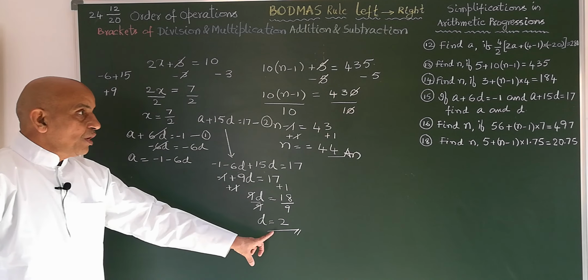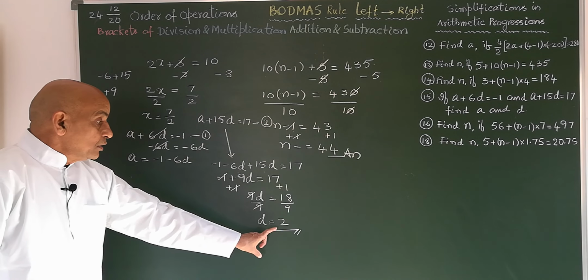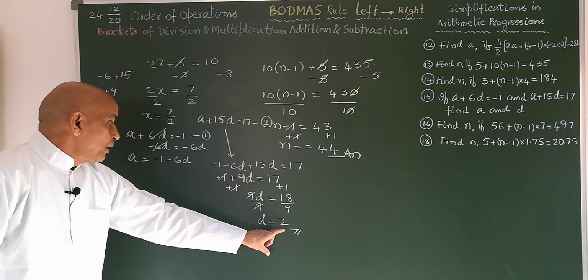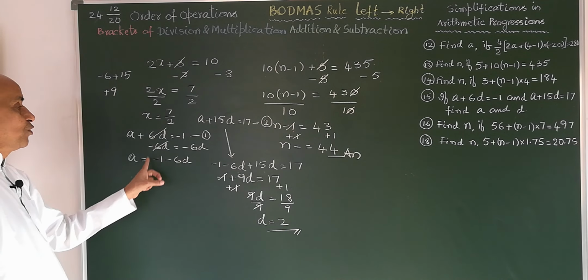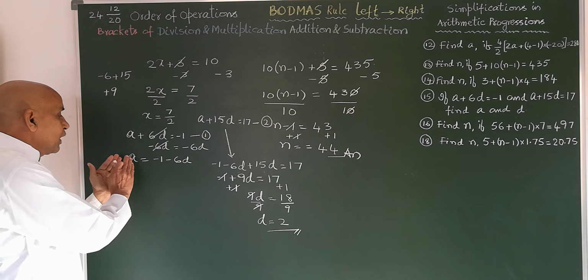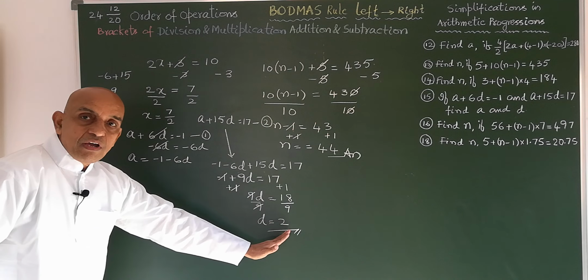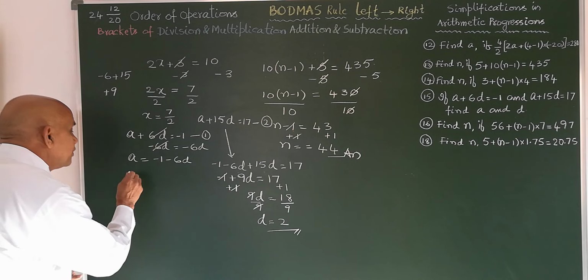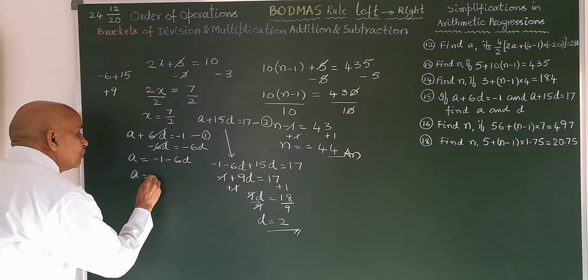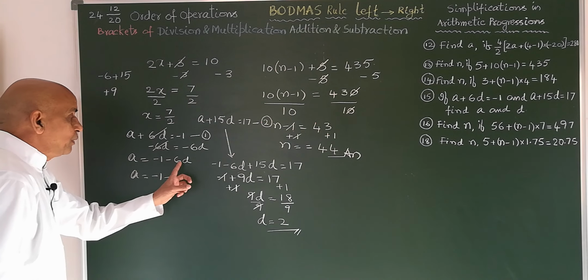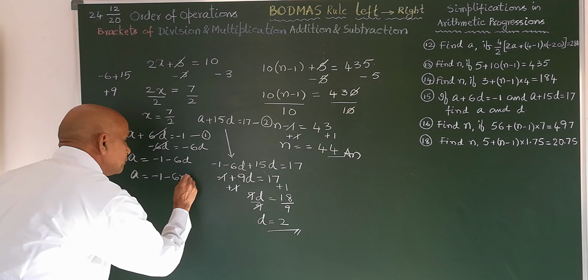So one unknown value we have obtained. This unknown value of d we have obtained as 2. Come back to this expression. From the first equation, we have calculated a value in terms of d. Here we will substitute the value of d to get the value of a. a is equal to minus 1 minus 6 into, in place of d I will substitute 2.